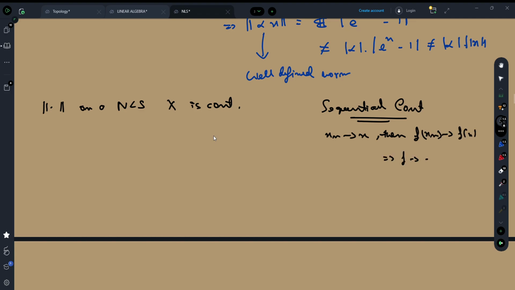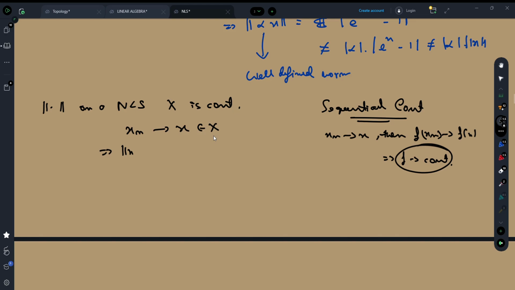This would mean f is continuous. We can use this because sequential continuity holds well in metric spaces. If X is a normed linear space, it is indeed a metric space. So we can use sequential continuity to show that the norm is a continuous function. What we intend to do is choose a sequence x_n from X such that it converges to some element x in X.